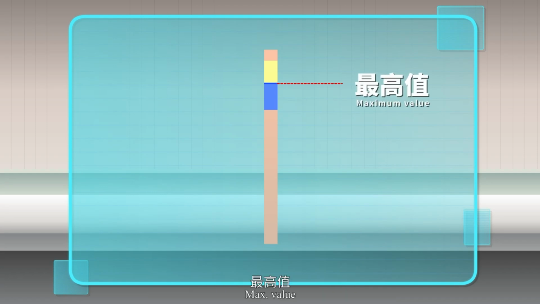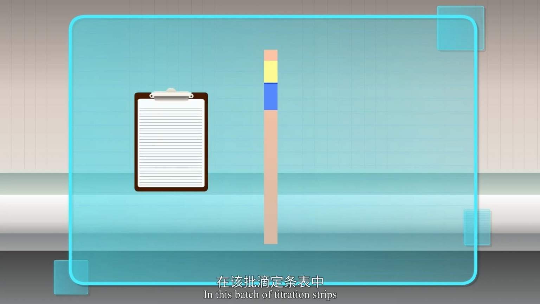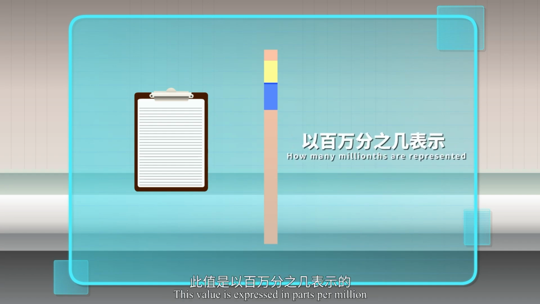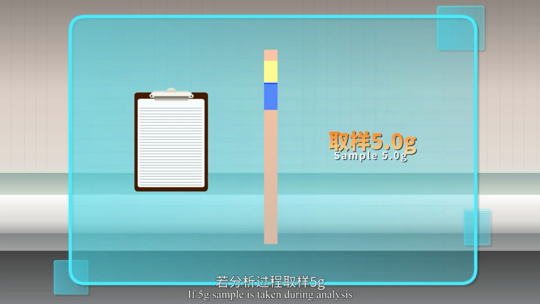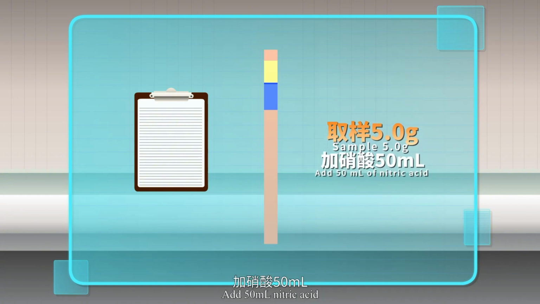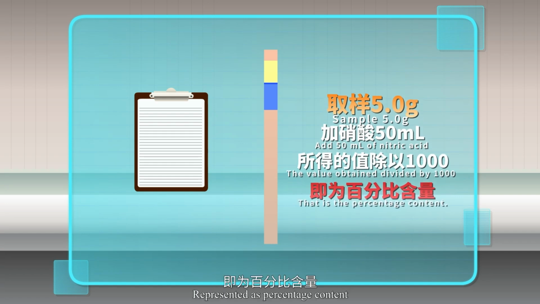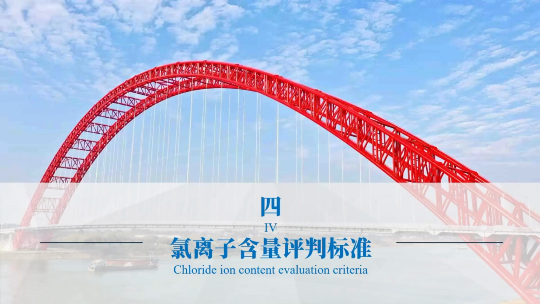Then, in this batch of titration strips, identify the corresponding chloride ion content. This value is expressed in parts per million. If a 5-gram sample is taken during analysis and 50 milliliters of nitric acid is added, divide the tabulated value by 1000 to represent it as percentage content.